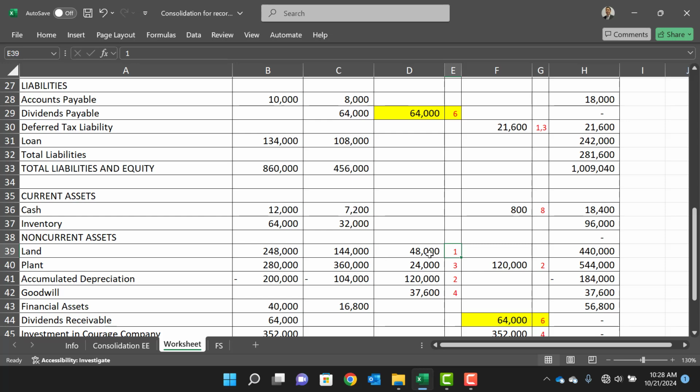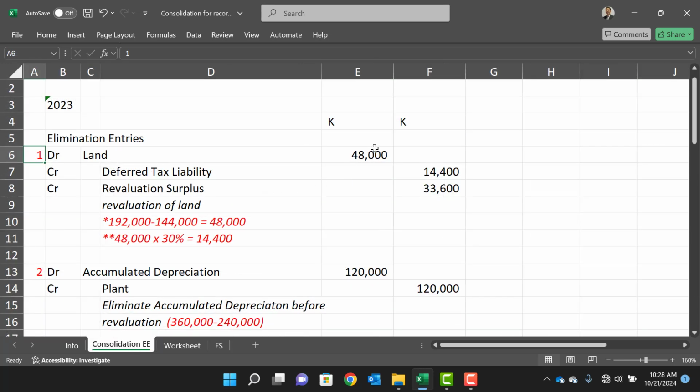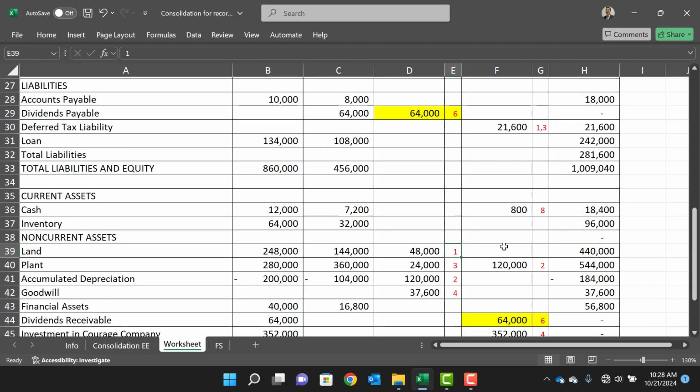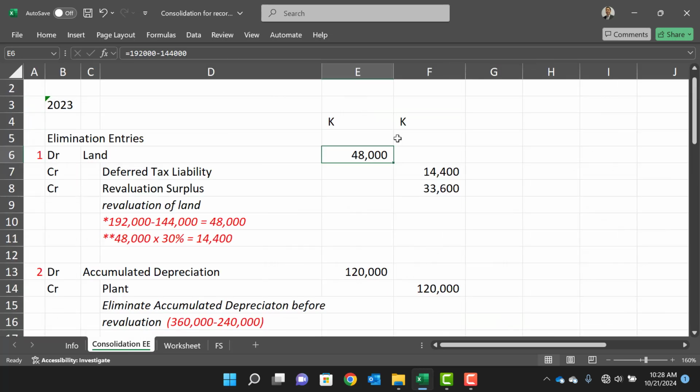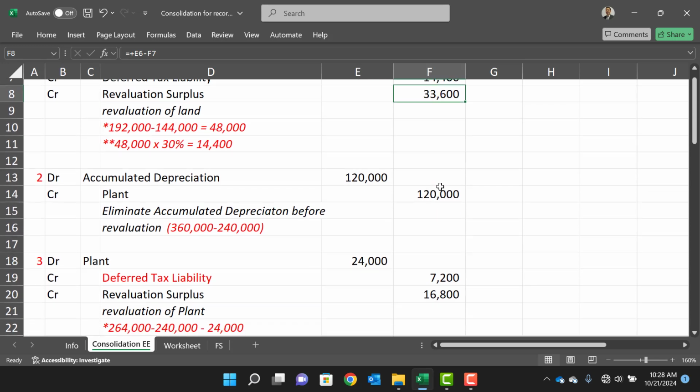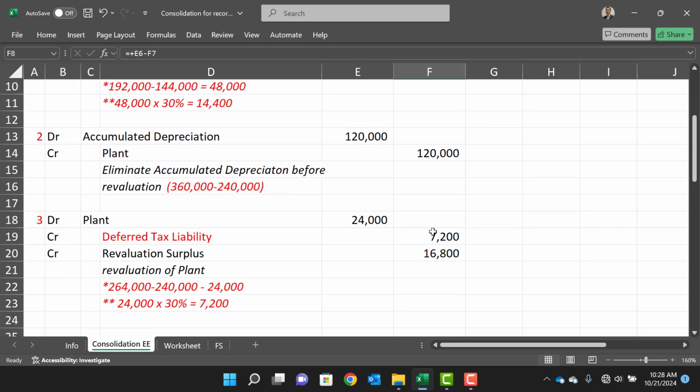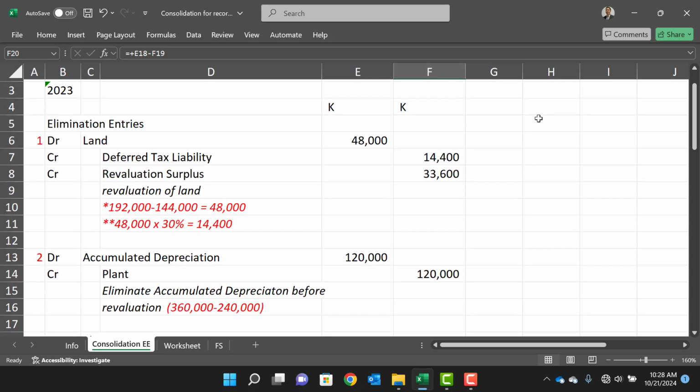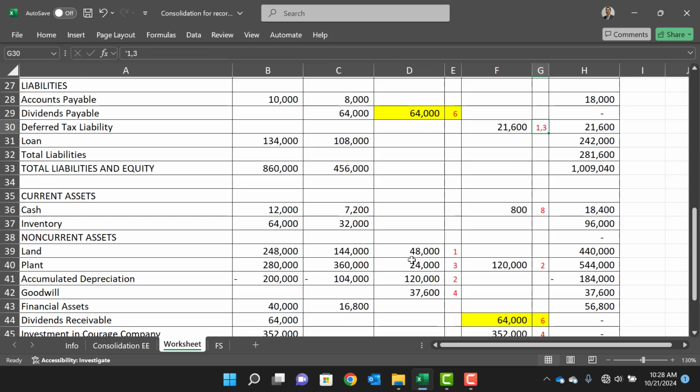We have 48,000 here, as you can see. Then deferred tax liability, which is here. So you can see 1 and 3. You have the first elimination entry here, revaluation surplus here, and another revaluation surplus on this side, and same with deferred tax liability.